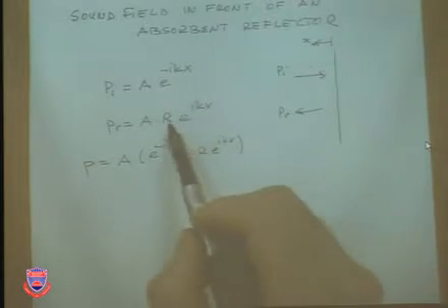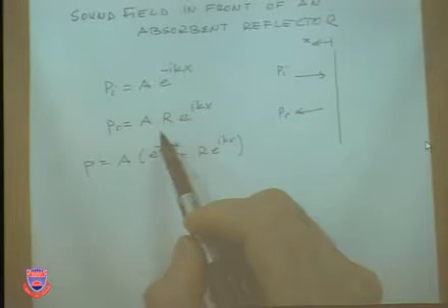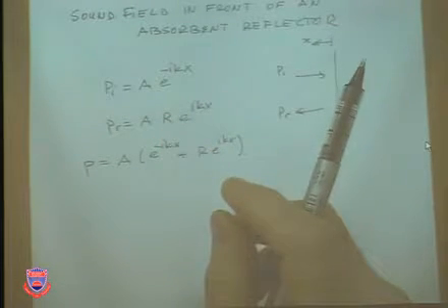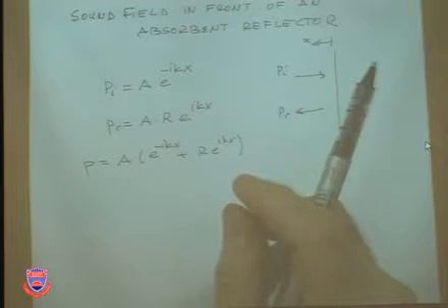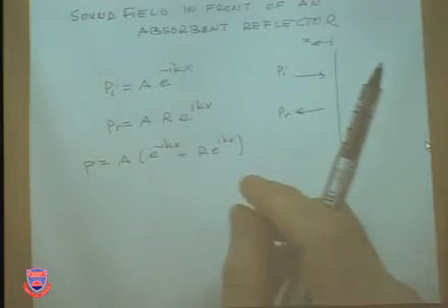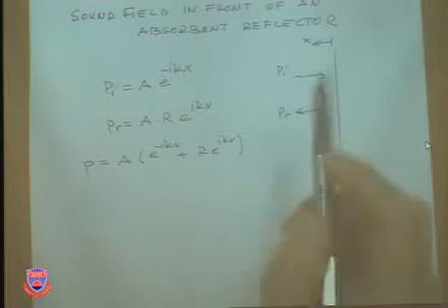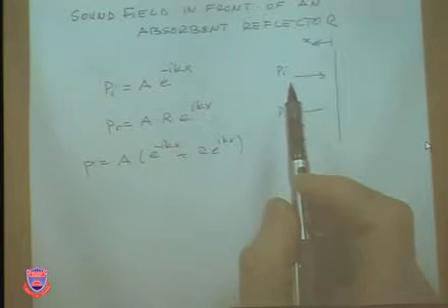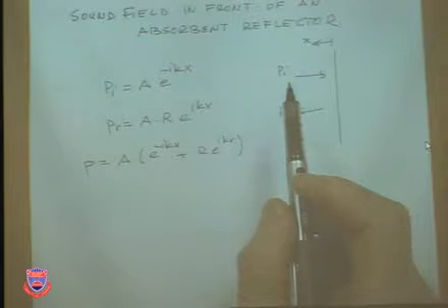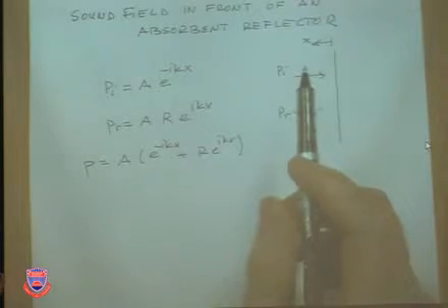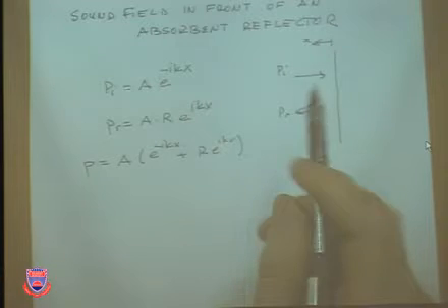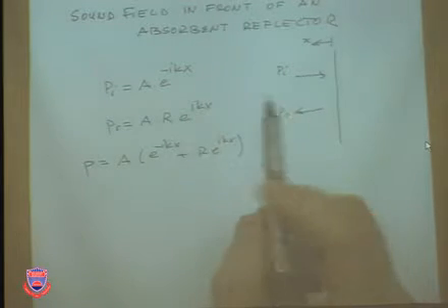Can R be larger than 1? No. So at best it can be 1 for rigid cases, or it can be 0 for pressure release. No, it cannot be 0 for pressure release. It is also -1 for pressure release. So it changes between 1 and -1.